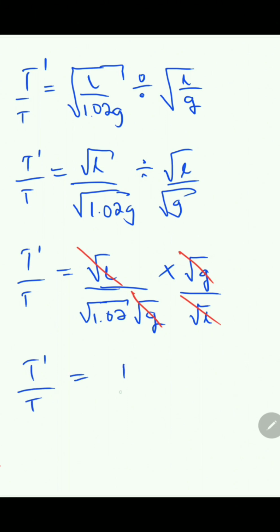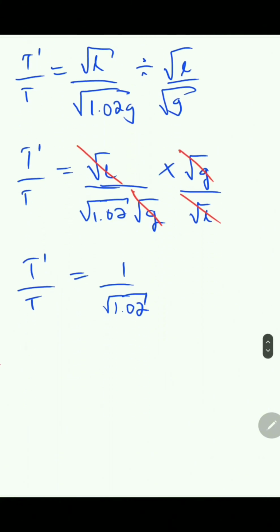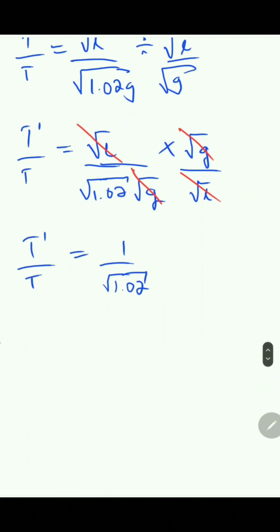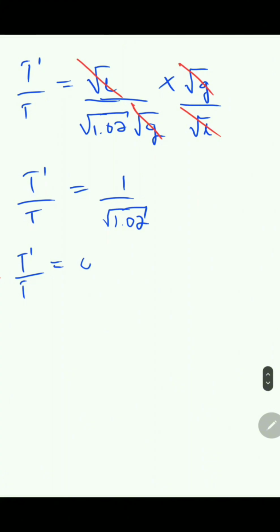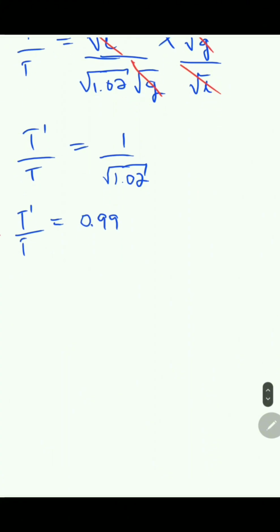So what we have is that our ratio will be 1 divided by the square root of 1.02. So this therefore means that our ratio will be 0.99 upon computing this.